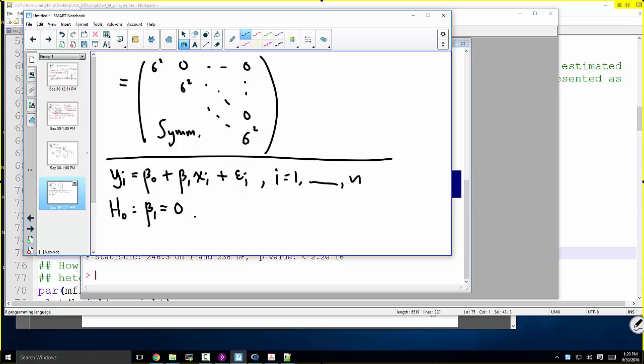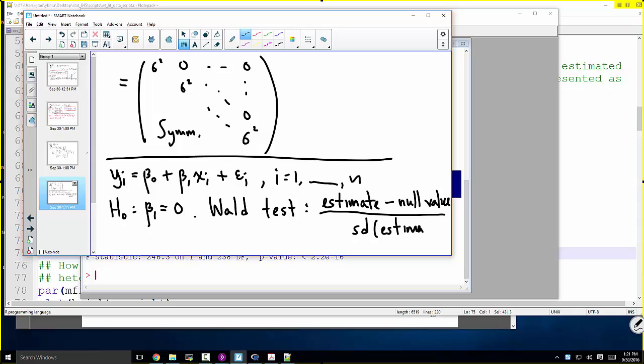In order to do that, one standard test statistic form is called a Wald test. A Wald test looks like the estimate of the parameter of interest minus what the parameter is under your null hypothesis, divided by the standard deviation of the estimate. So if my null hypothesis is that beta 1 equals 0, this just equals estimate divided by SD of estimate.